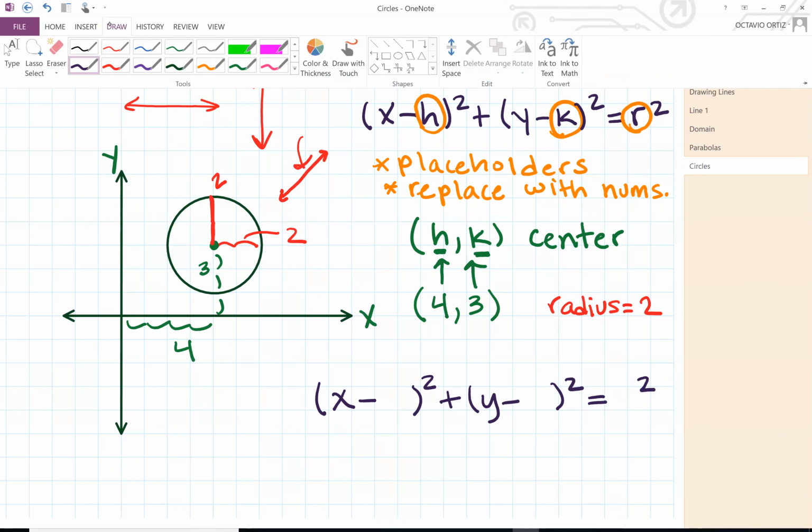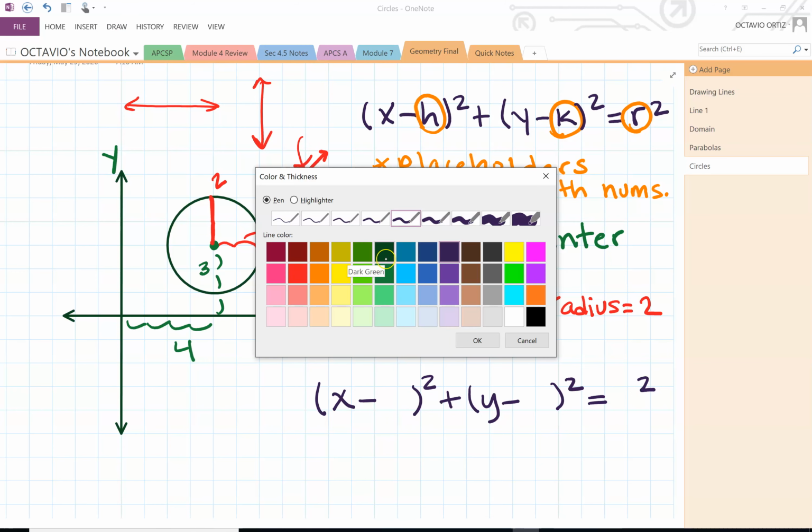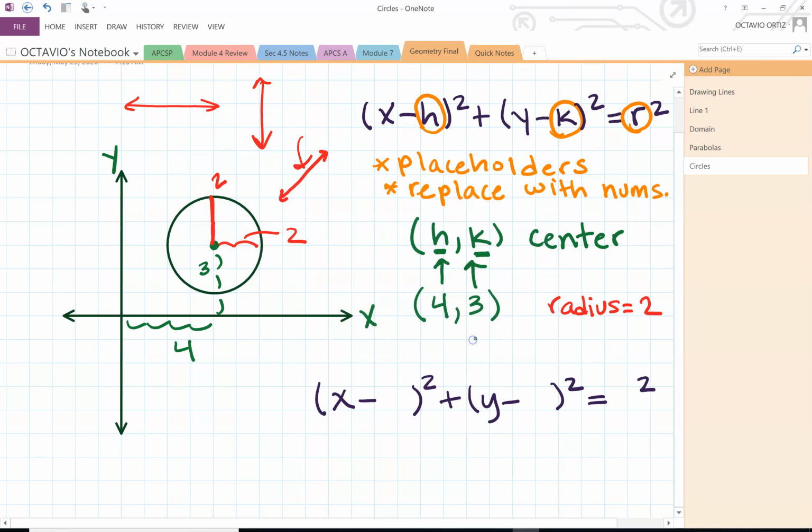And so in green here, we have the center at h. So h again is 4. So I'm going to put x minus 4. And then k, this 3, goes right there, so I'm going to put y minus 3.